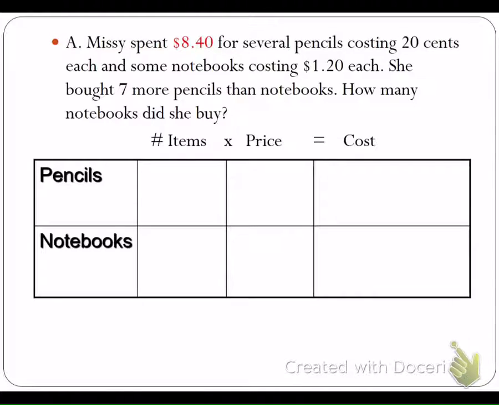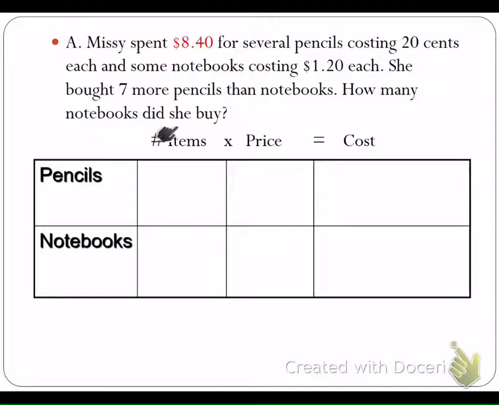All right, so now we're just going to use the other columns to piece together the information that we already know. So do we know how many pencils or how many notebooks were bought? No, that's going to be our variable, right? You can tell because the question ends, how many notebooks did she buy?